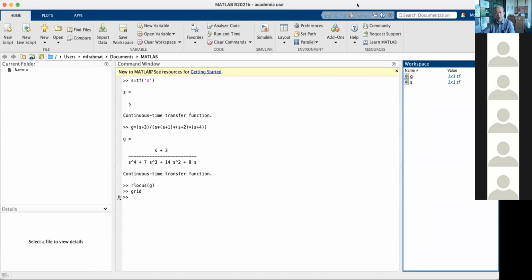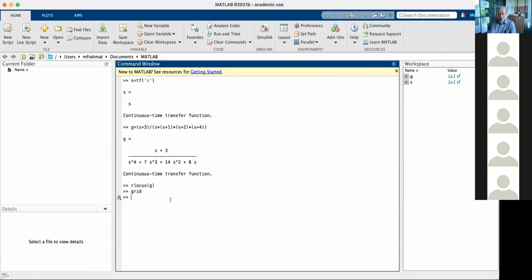G is equal to K equal to 1, (s plus 2) divided by s squared minus 4s plus 13.